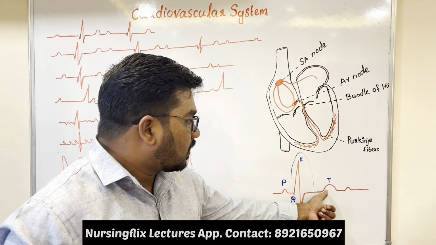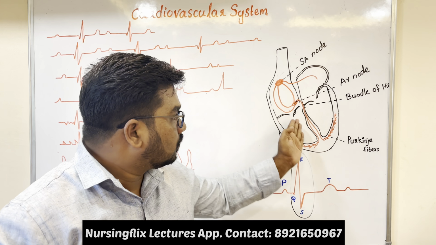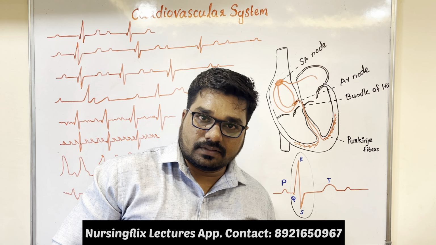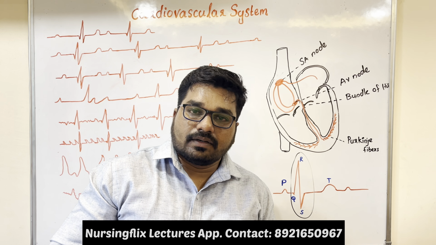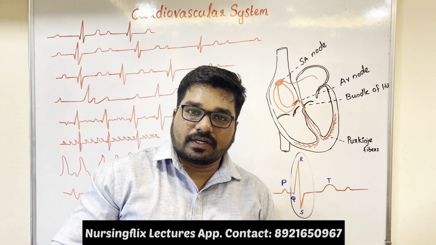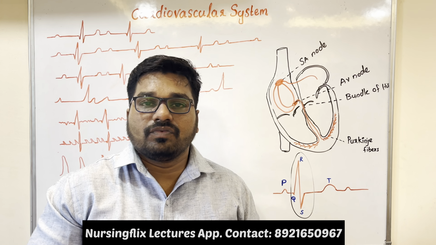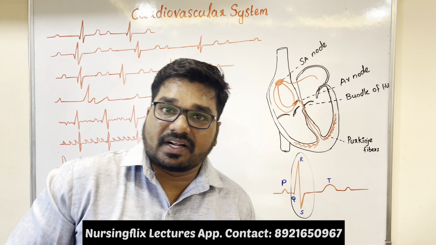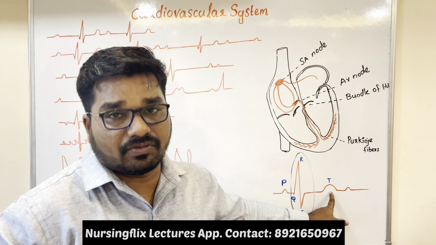Then what else? The T wave is there. What is the story remaining? Ventricular repolarization. The voltage status of the ventricle will stabilize back. That is called ventricular repolarization, which is represented by the T wave.